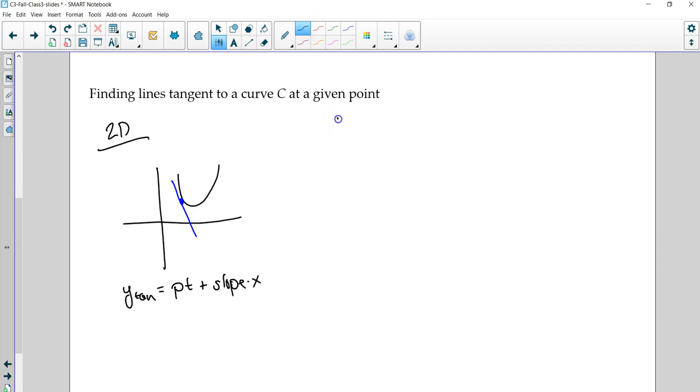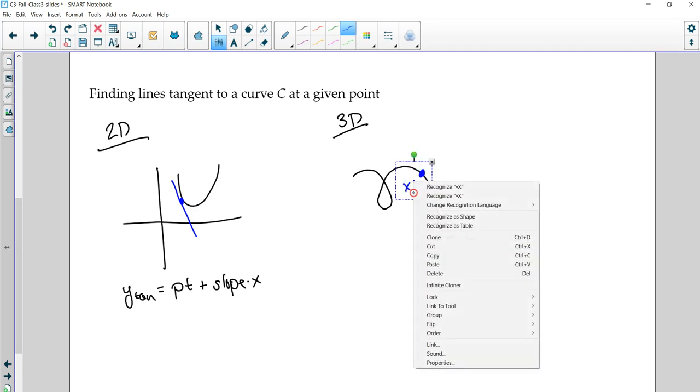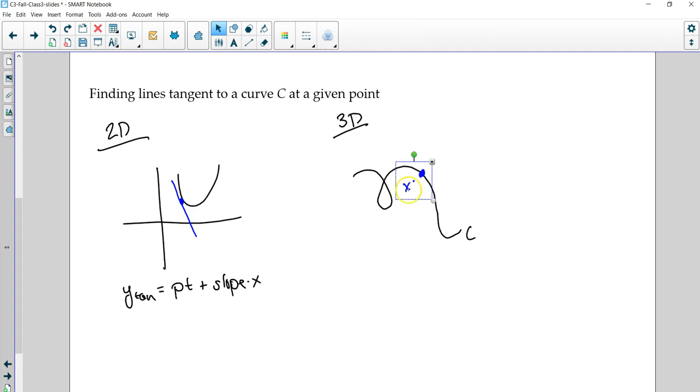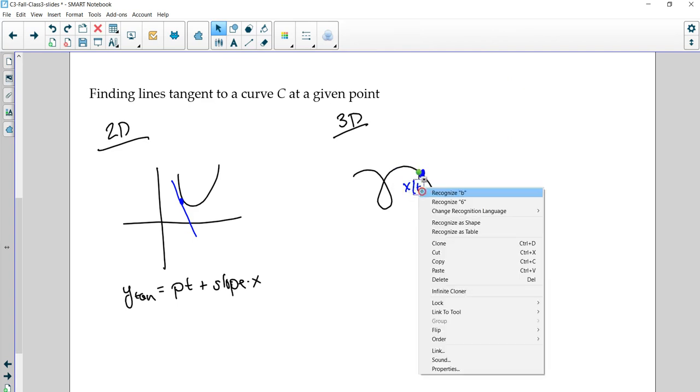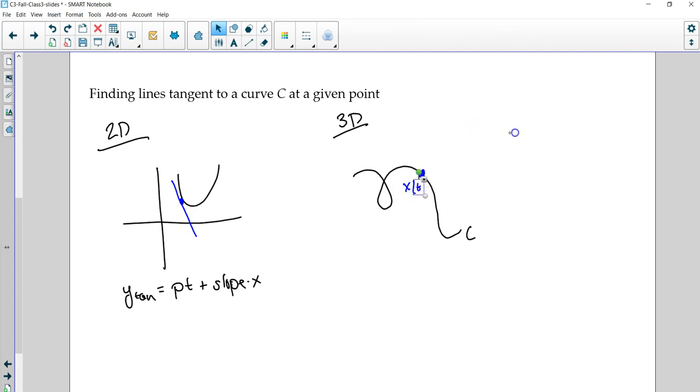Now, in 3D, that same image of having a curve like this, if I want to find the tangent line at a point, let's call this x of t naught.